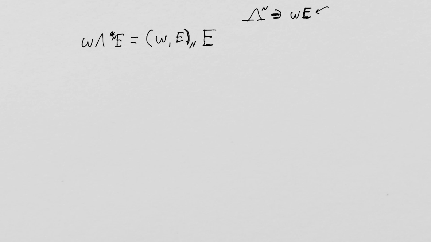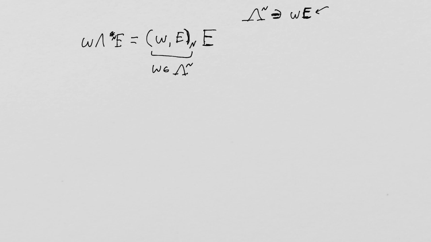So how does that work? Well, in order for this to make sense, we have to pick an omega that's an element of the top exterior power.